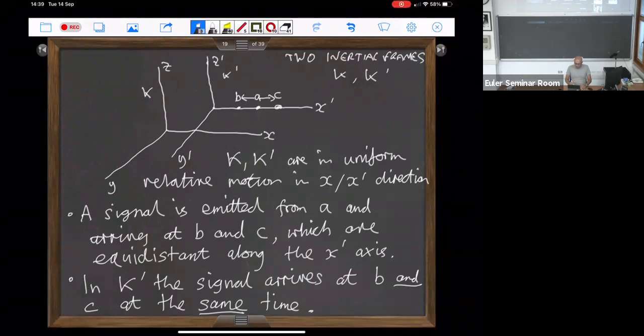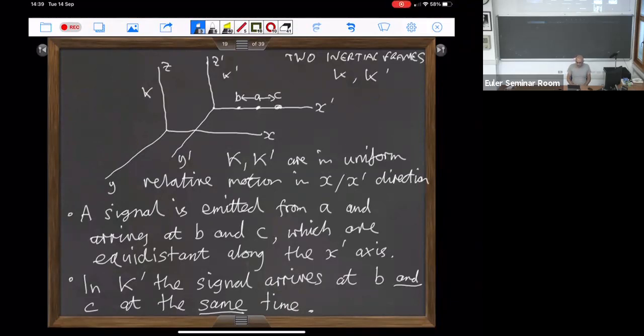Okay, so let's elaborate this a little bit. Let's consider two inertial frames. I'll call them capital K and capital K prime.